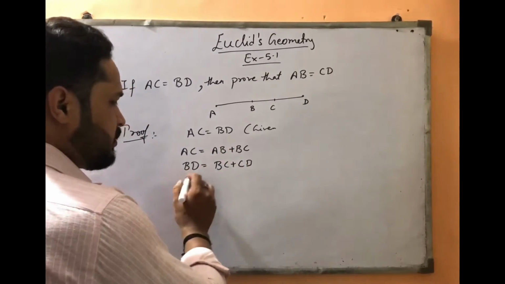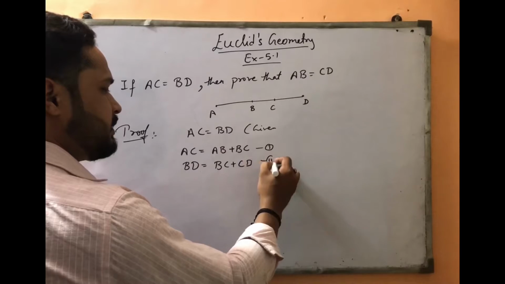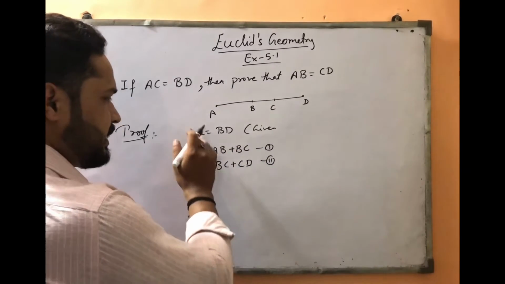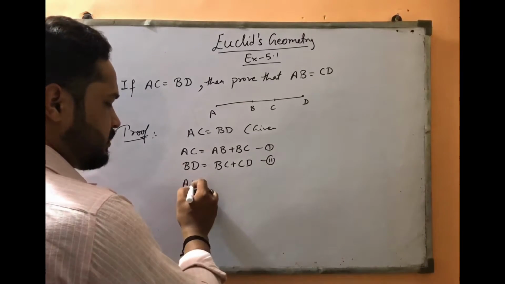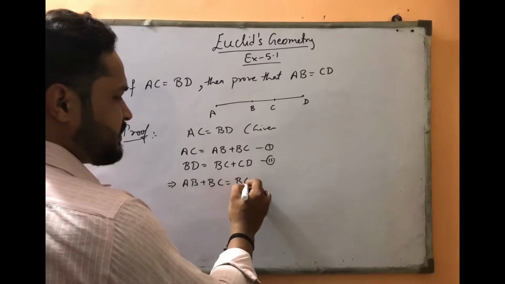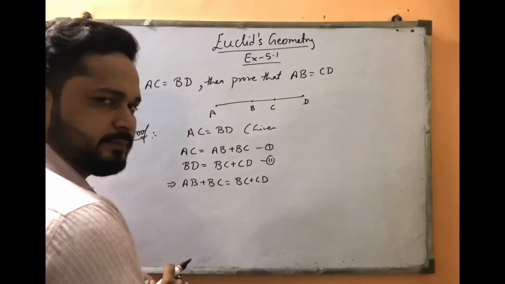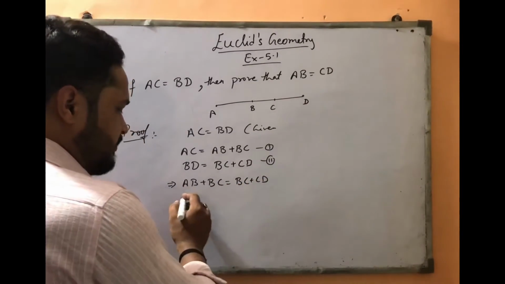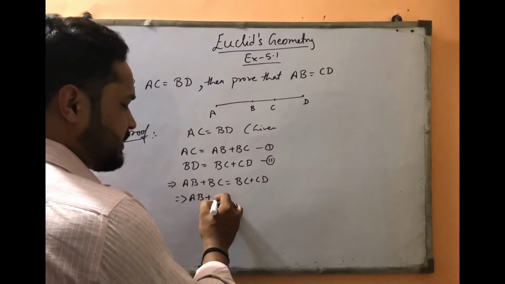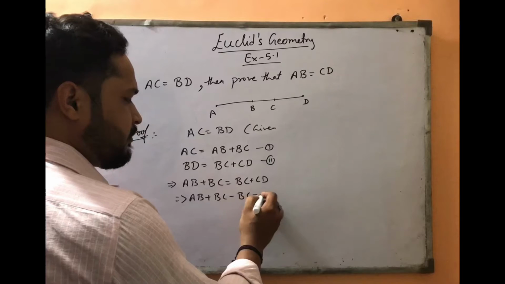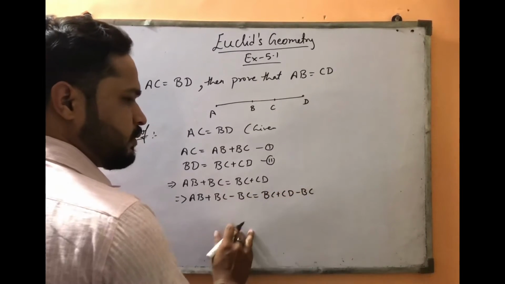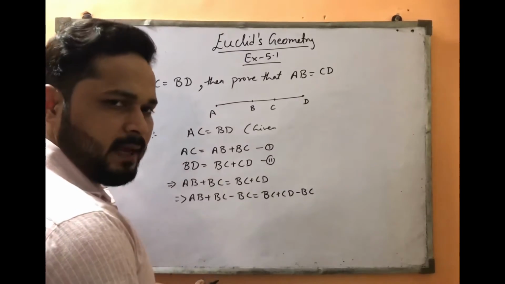Fine. So now if we substitute these first and second equations in this one, this implies AB plus BC is equal to BC plus CD. Right? So now if we subtract equals from equals, the remainder becomes equal, from the axiom.